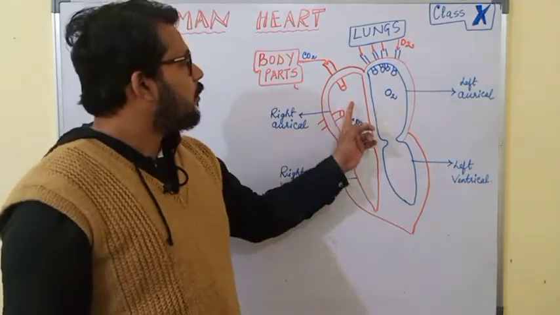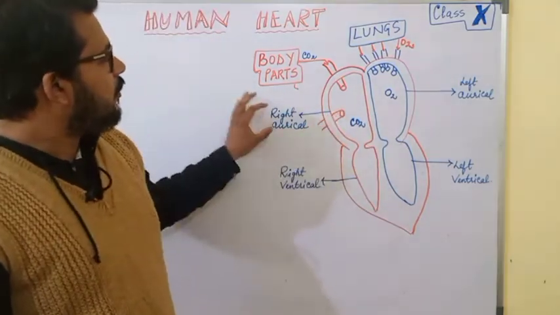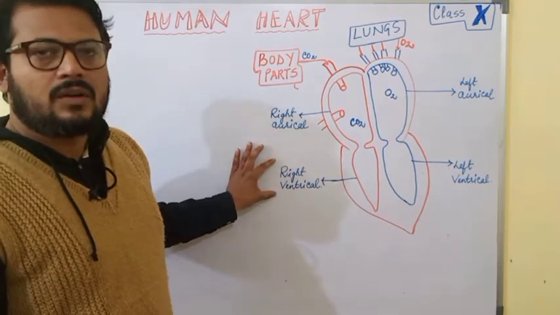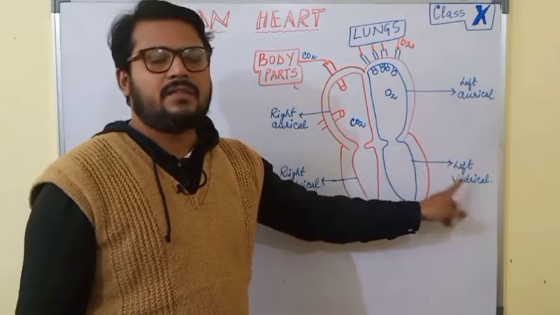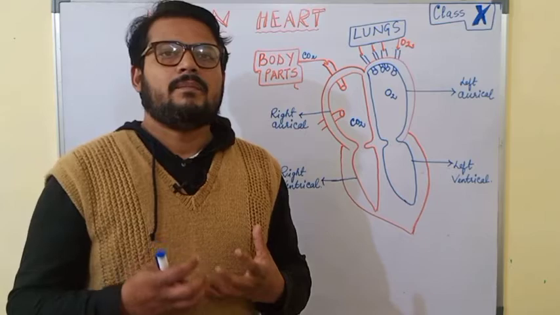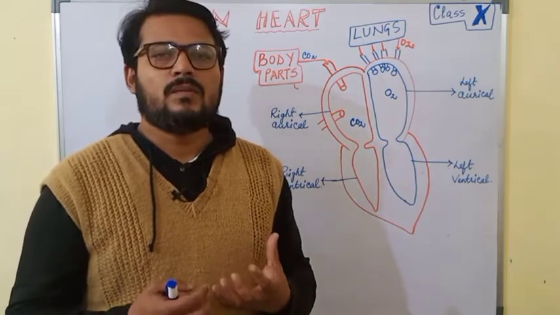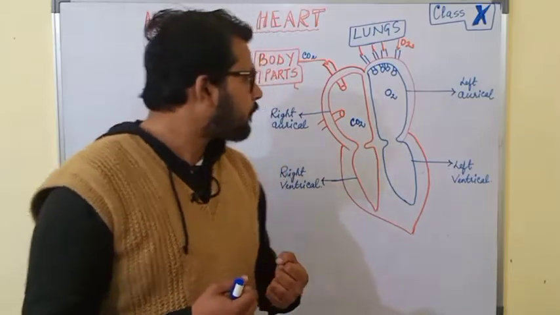Okay? Both the parts carry two chambers, right? This chamber is called right auricle, and this chamber is called right ventricle, and similarly, left auricle and left ventricle. These are the four chambers that are going to carry the blood. They have a certain volume and they accumulate the blood from different body parts, right?